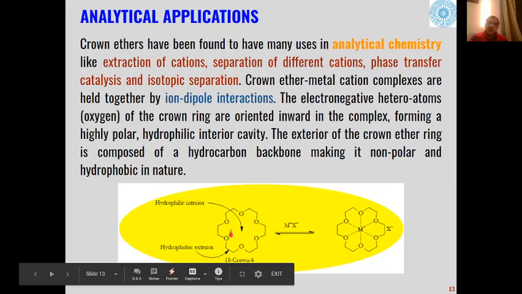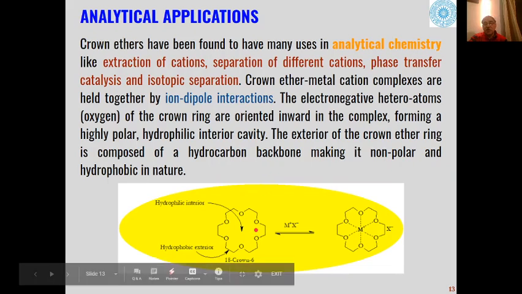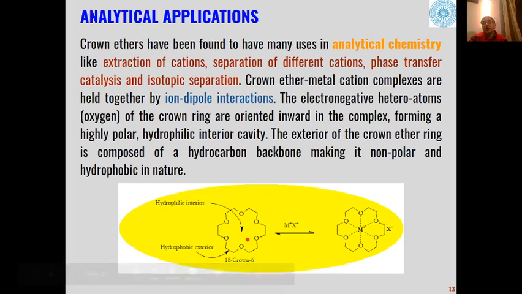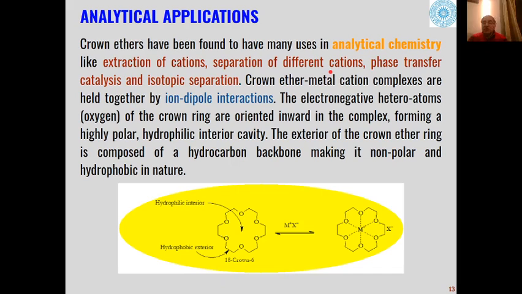So 12-crown ether can accommodate different sizes of cations, whereas 15, 18, 21 or 24 crown, depending upon the size of the cavity, can accommodate different sizes of cation. So that is how these different cations can be separated based on the size of the cation and the size of the cavity of the crown ether.